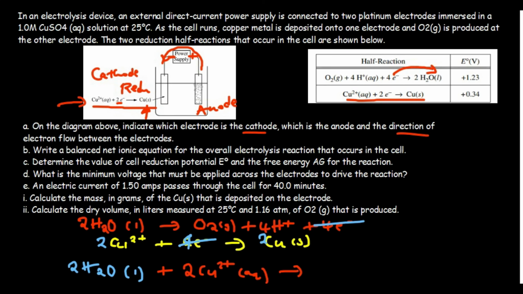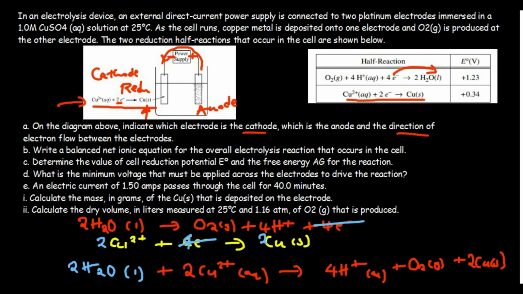On the product side, we've got 4 hydrogen ions, oxygen gas, and copper in solid state. So that is the balanced equation for this reaction.